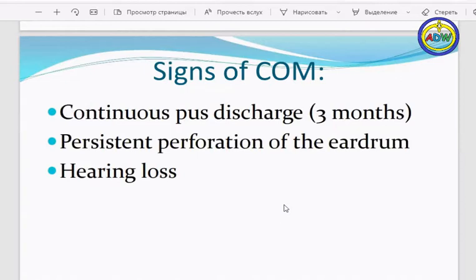For example, why will there be persistent perforation of the eardrum? You know, the eardrum has 3 layers. The outer is the epithelial layer, the inner is the mucosal layer, and between them is the fibrous layer.